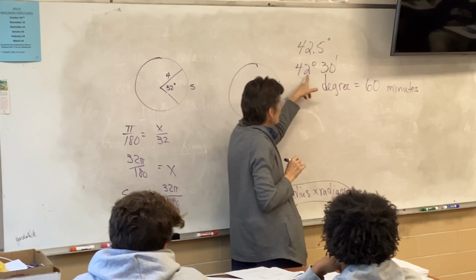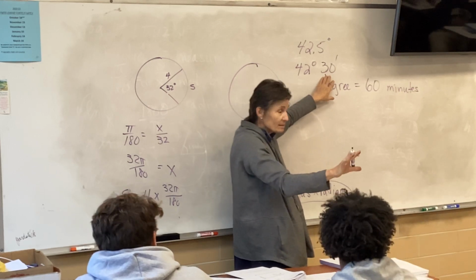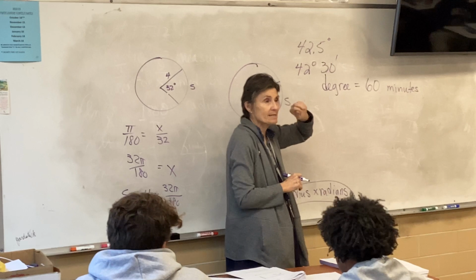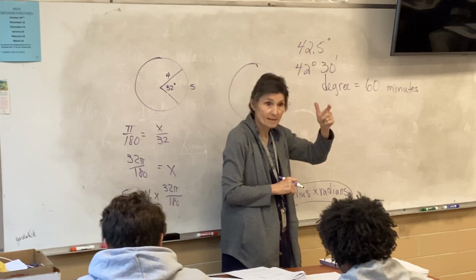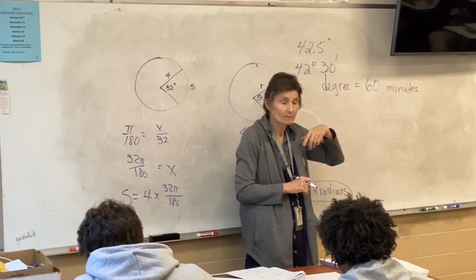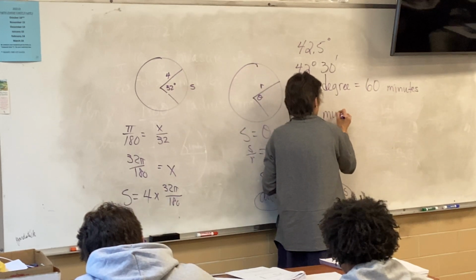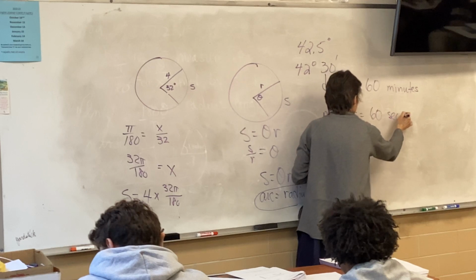So this 42 degrees, 30 minutes is exactly the same as 42 and a half degrees, because there's 60 minutes in a degree. Just like there's 60 minutes in an hour. Well, the minutes can themselves be broken down into, you guessed it, 60 seconds.